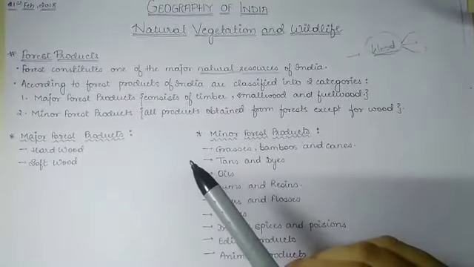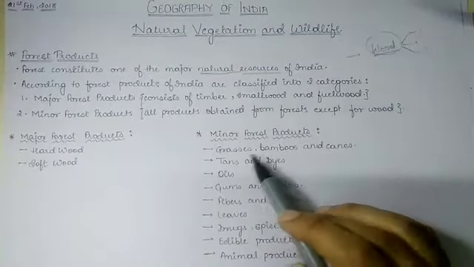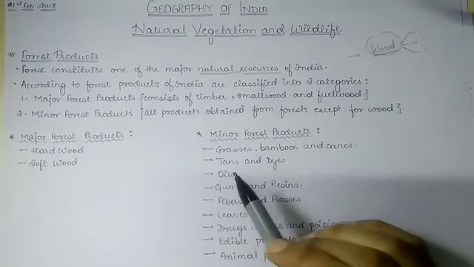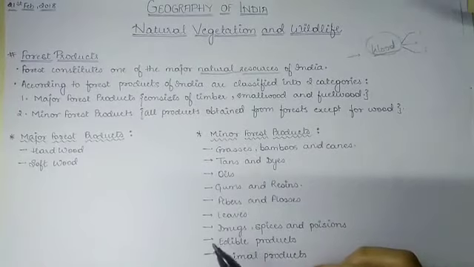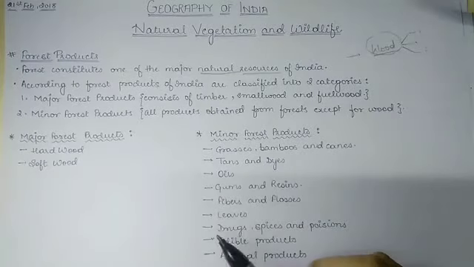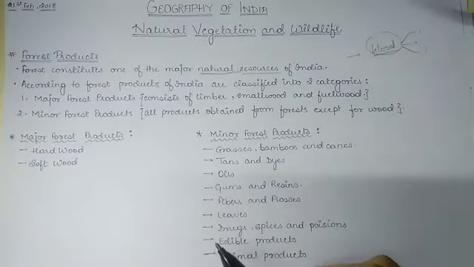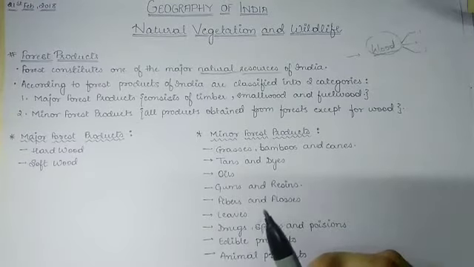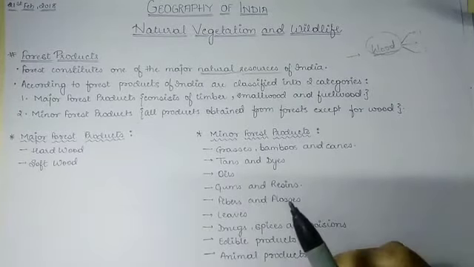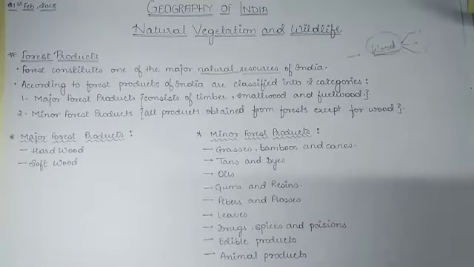These minor forest products are grasses, bamboos and canes. We have different types of grasses that grow in different parts of the country. Most of these grasses are used as fodder or for thatching, etc. But some of the grasses are used for matting and as an important raw material for manufacturing paper.